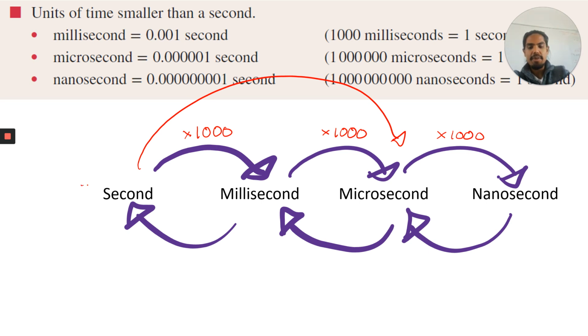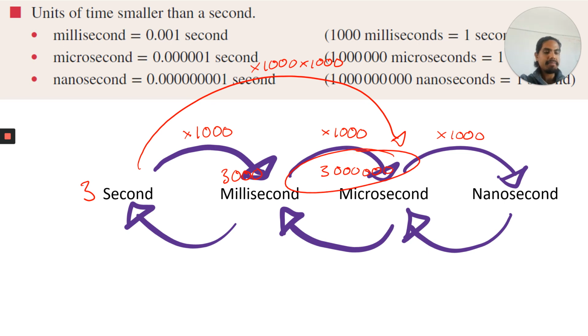So if we had, let's say, 3 seconds, it is going to be multiplied by 1,000 to give 3,000 milliseconds, and to go to microseconds, we could either multiply 3,000 by 1,000 to get 3 million, or we could directly multiply 3 by 1,000 by 1,000 again, right, which is 1,000,000 to arrive at this same answer. So if we're multiplying to go that way, you can probably guess that we're going to be dividing to go from nanoseconds up to seconds. And again, we're dividing by 1,000 each time.